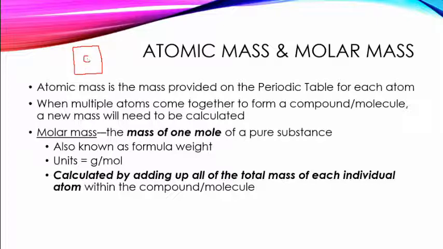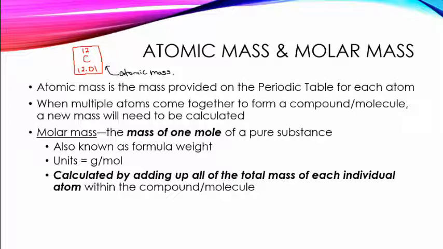You'll have your C. Remember, 6 is the atomic number, and at the bottom you have 12.01. This here is your atomic mass. So the mass at the bottom of the periodic table. The atomic mass is the mass of that actual atom.